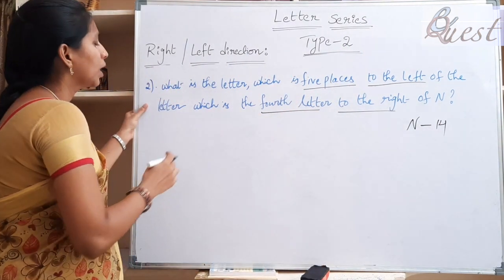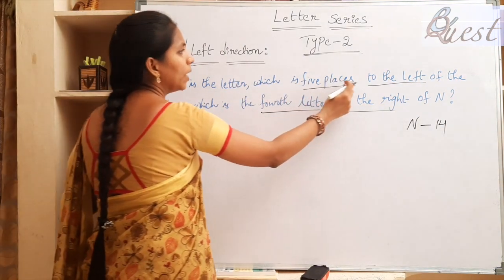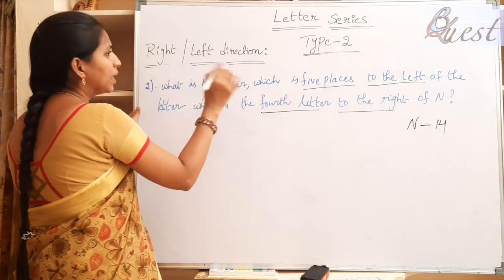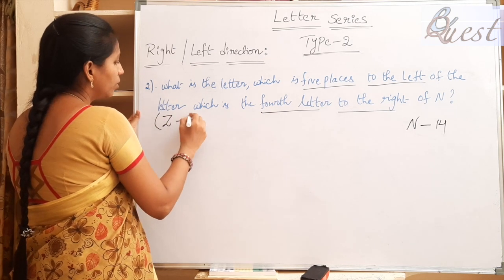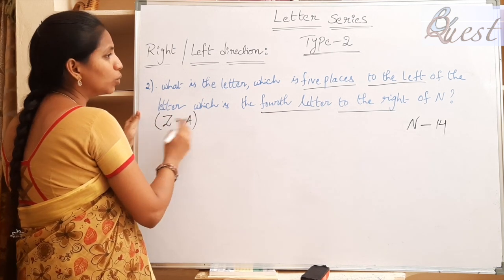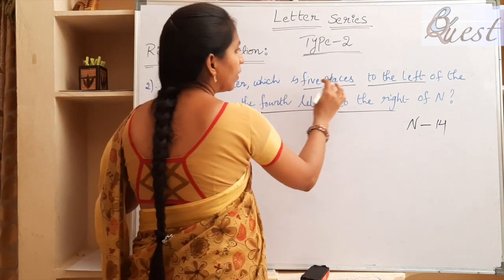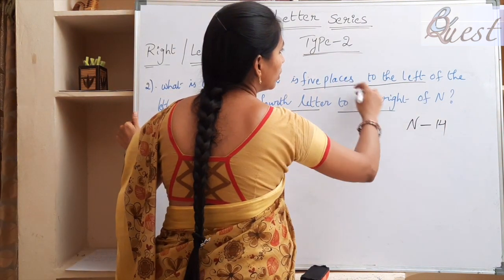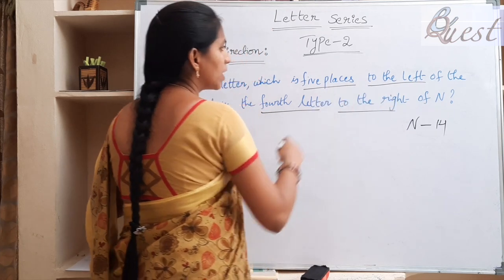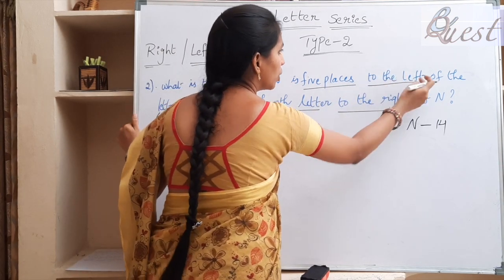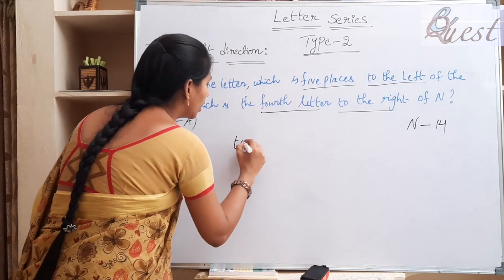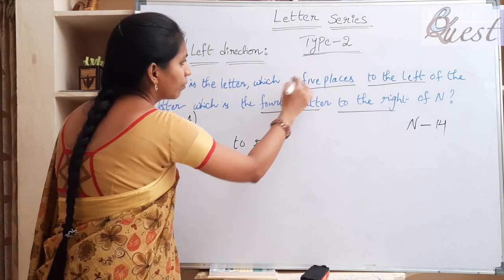What is the letter which is 5 places to the left? But here in this question you have to take the direction from Z to A. To the left means you have to change the direction. To left means take to right.